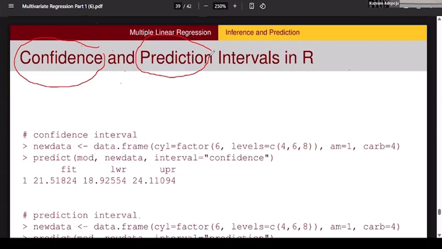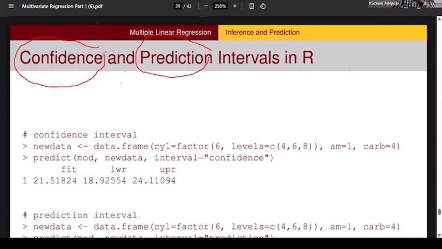Whenever you hear confidence interval for prediction, we mean the interval for average prediction. Whenever you hear prediction interval, then we mean the interval for individual prediction. Does that make sense?